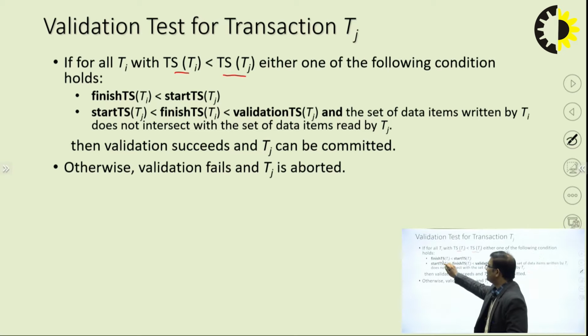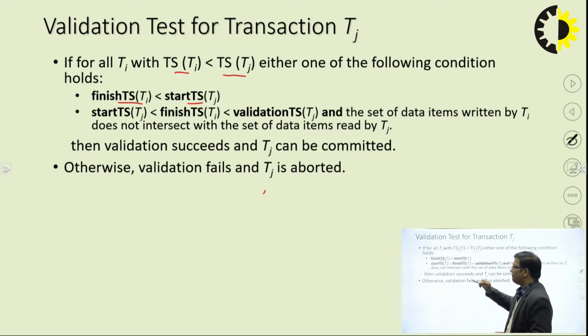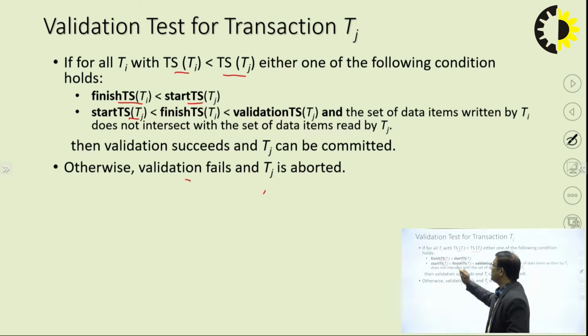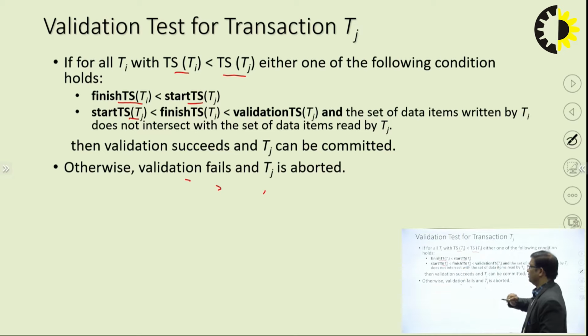The first condition is that the finish time stamping of Ti is lesser than the start time stamping of Tj. The second is that the start time stamping of Tj is lesser than the finish time stamping of Ti, and the finish time stamping is lesser than the validation time stamping, and the set of data items written by Ti does not intersect with the set of data items read by Tj. What does it mean?